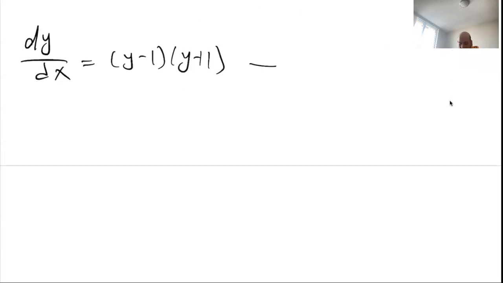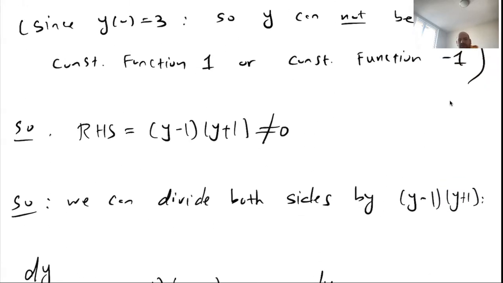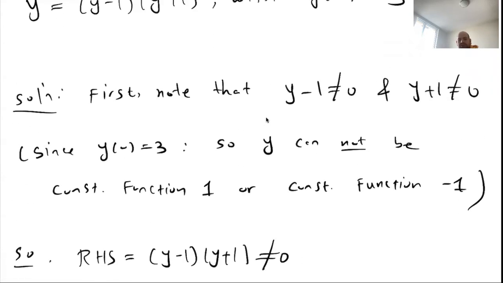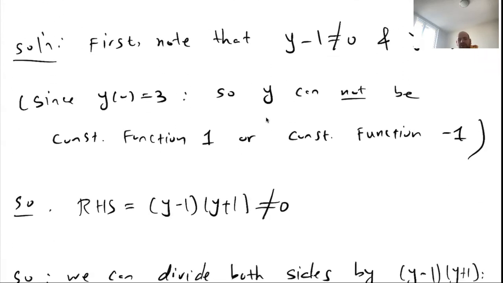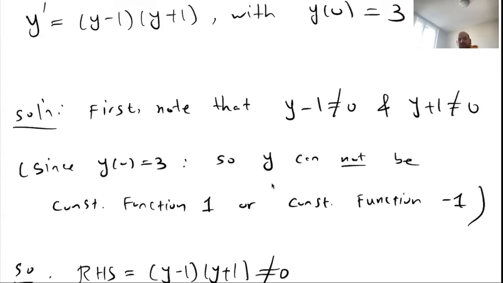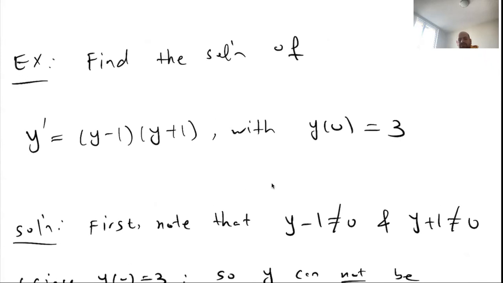So then that gives dy over y minus 1 times y plus 1 equals dx. Okay, so it was important to include this step here before we divide both sides by this expression. And we could conclude that this is non-zero according to the initial condition.